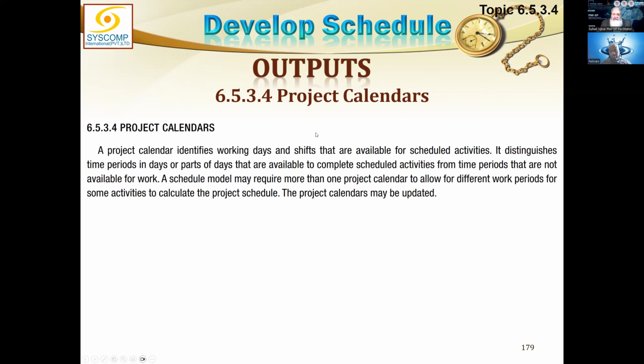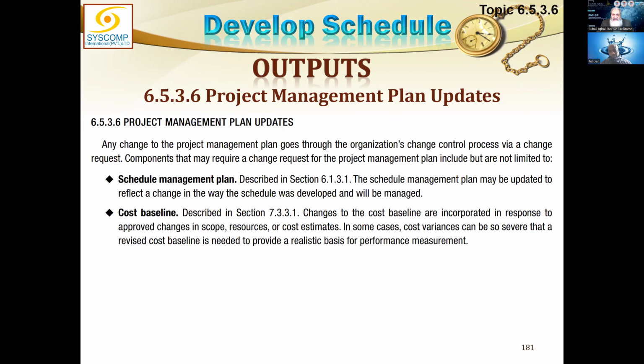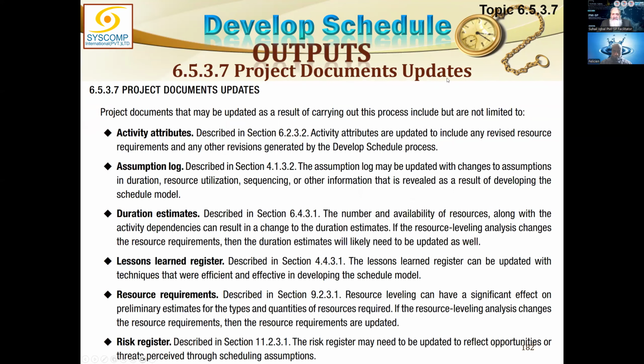Project calendars, who is available at what time? Change request, as I described, whenever you want to amend the baseline, you have to move a change request. And thus, as a result, your project management plan can be updated and your project documents can also be updated.